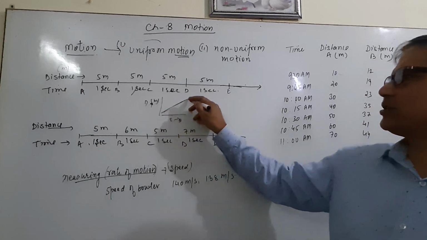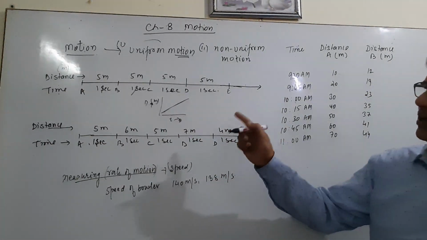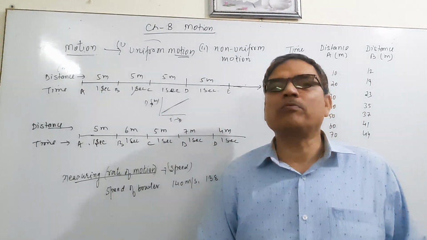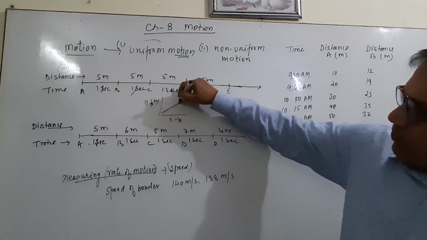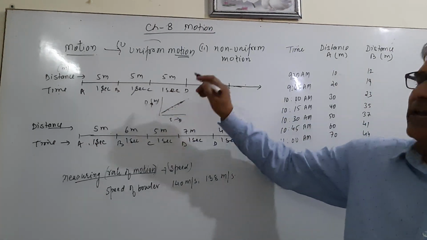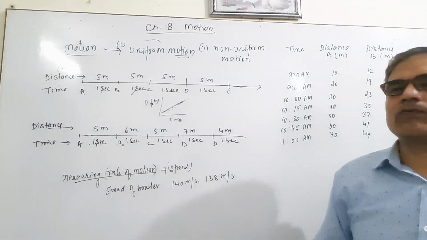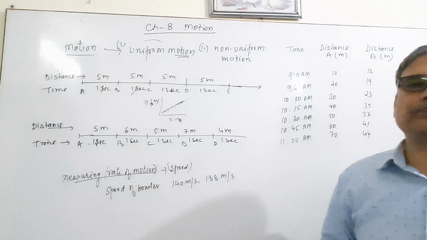It represents a straight slope, uniform motion. It means at every point the motion is the same. At every point on this line, the object's speed or motion is the same.